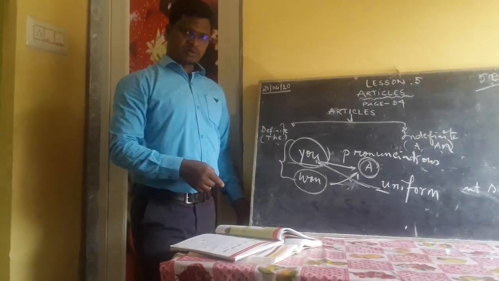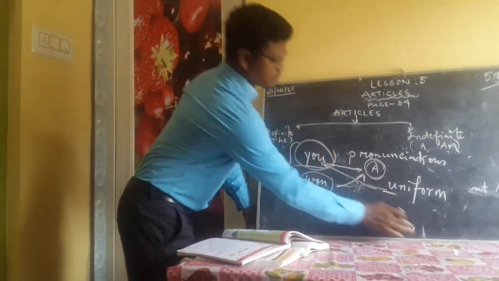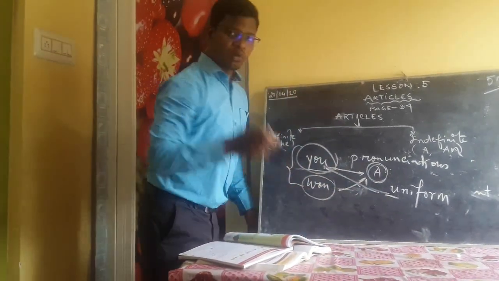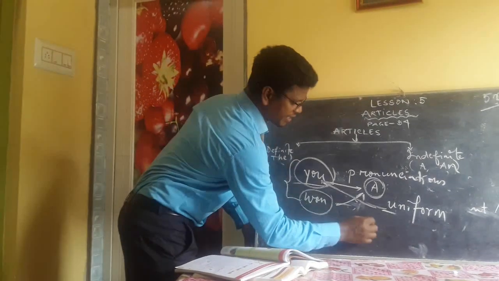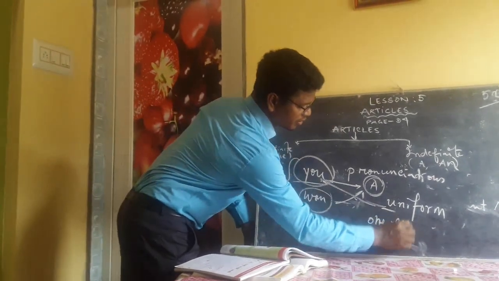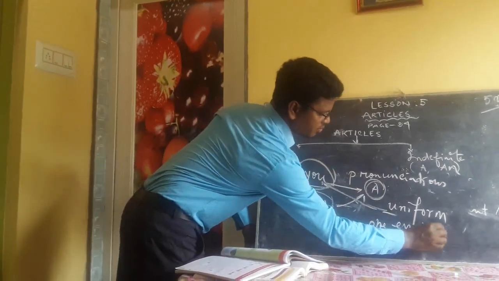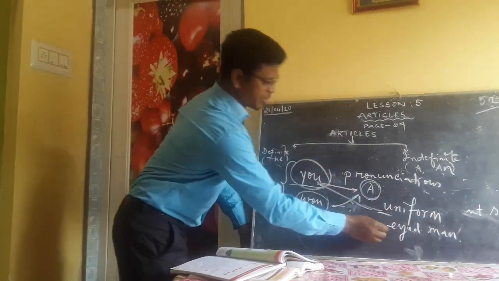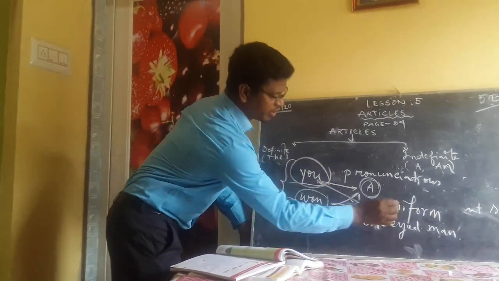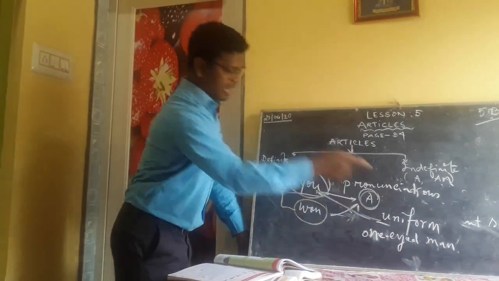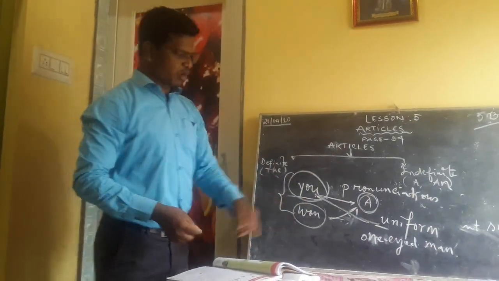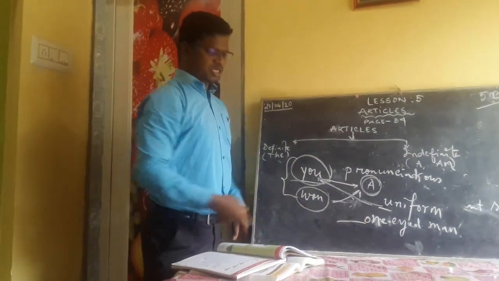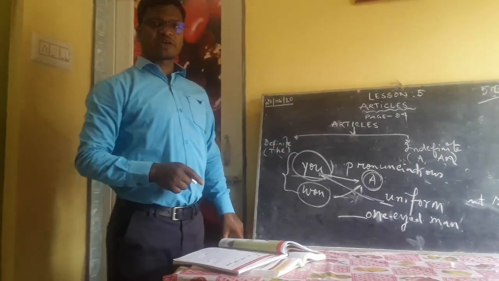Now, one. As I already told you, a one rupee coin, or a one-eyed man, O-N-E. When you say one-eyed man, here also the pronunciation matters: one is pronounced like "wa".